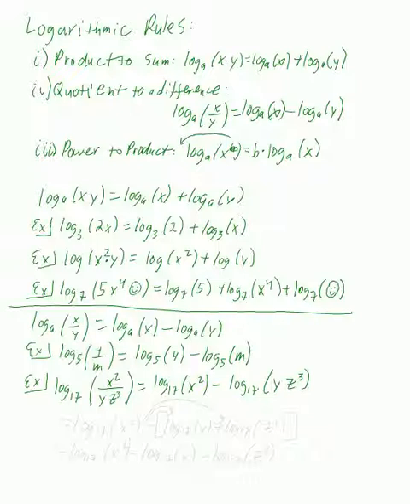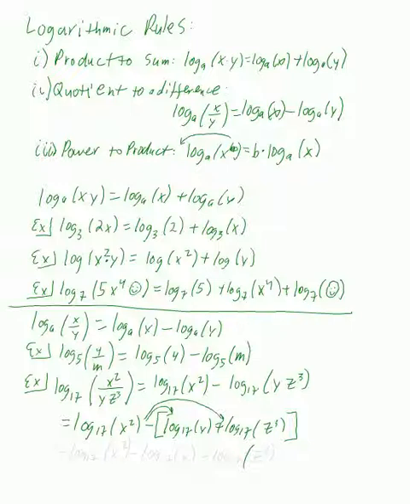Now we got to be extra careful because inside this log base 17, I now have a product. Now it could be a little confusing, so I'm going to carefully rewrite the first part, log base 17 of x squared minus, and I'm going to put a bracket here. Now I'm going to use the previous rule, the product to sum rule, and I'm going to write log base 17 of y plus log base 17 of z to the third.